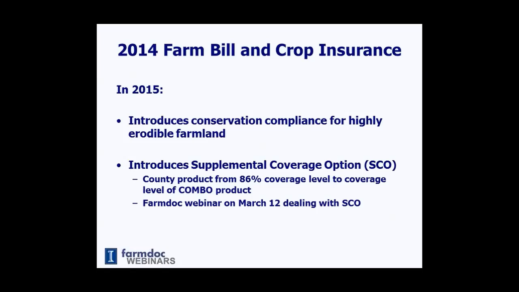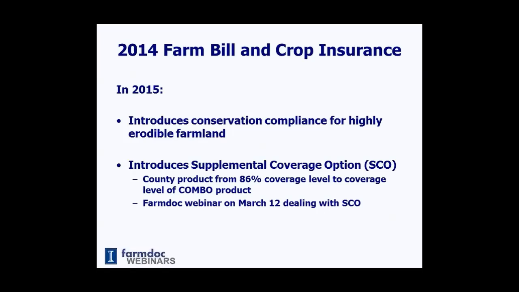Farms that enroll in crop insurance will have to be in conservation compliance for highly erodible land. It's likely that the requirements for highly erodible land will be the same as they have been for receiving commodity title payments. So conservation compliance will be extended to crop insurance in 2015.